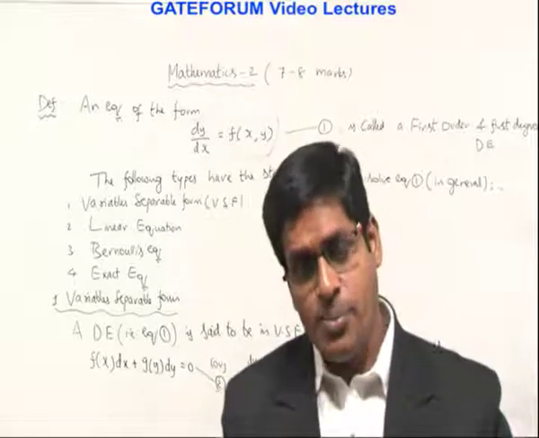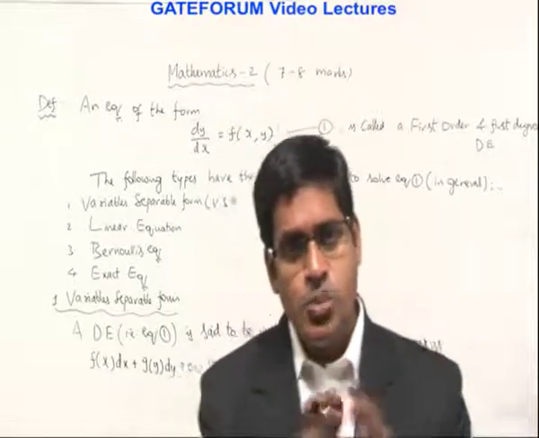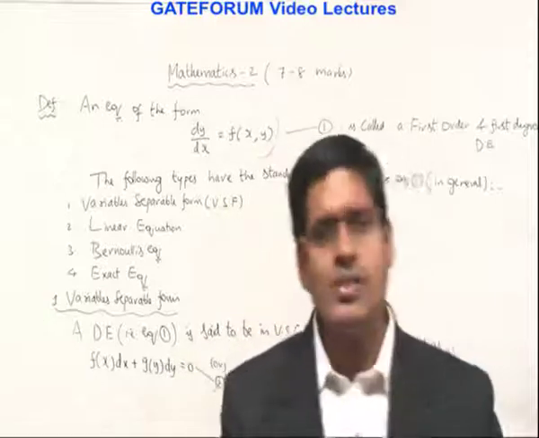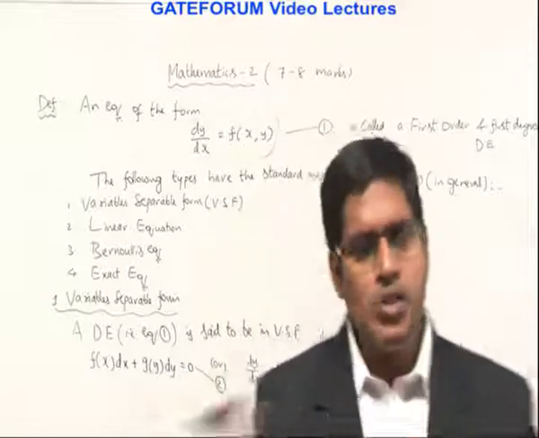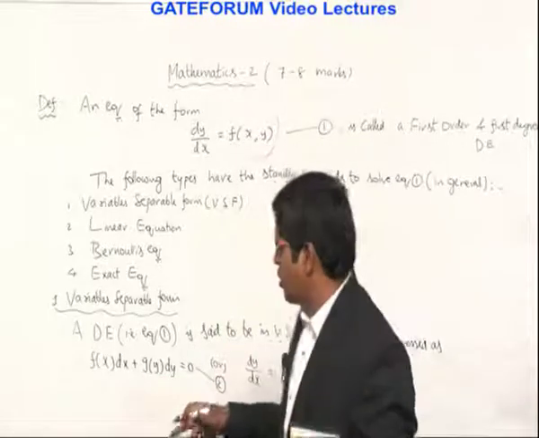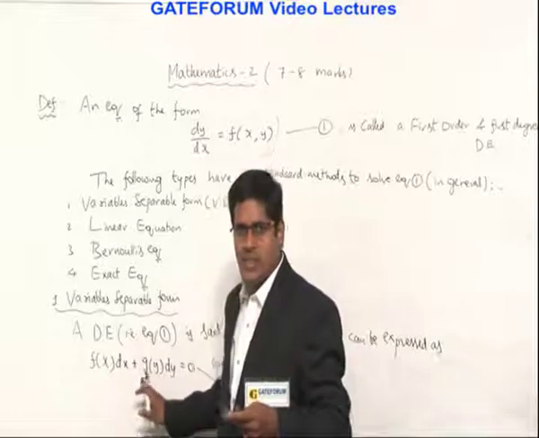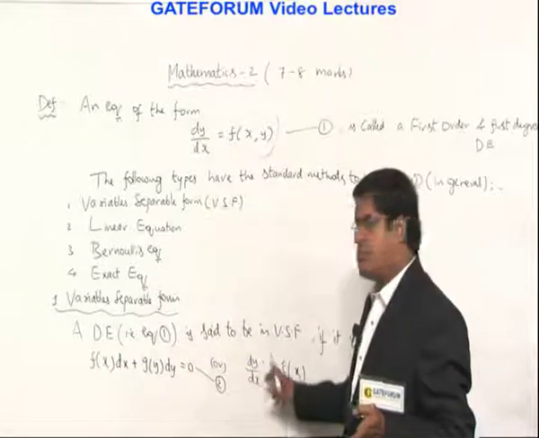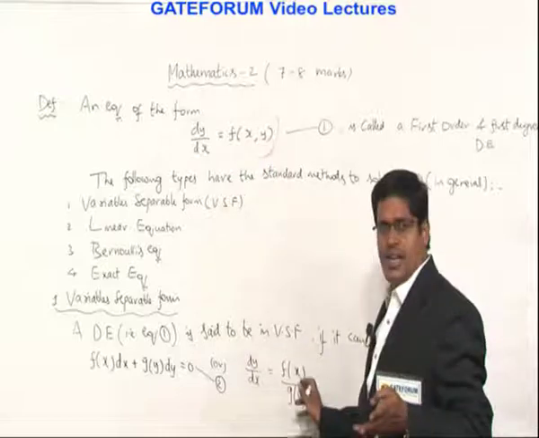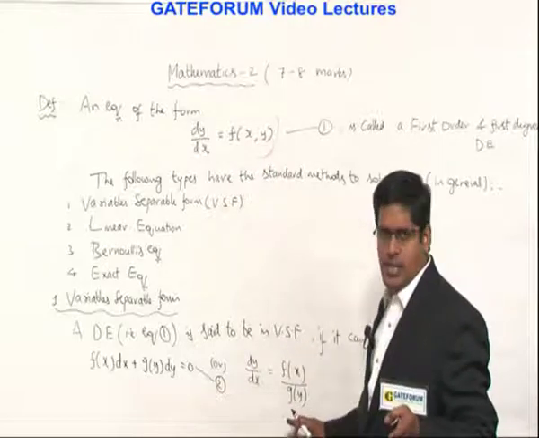Now this joint form, the function f of x comma y, should be split into two factors. One is x terms alone, the other is y terms alone.